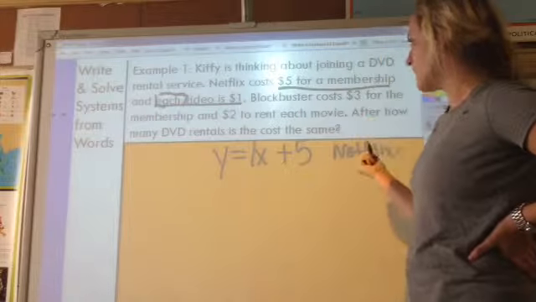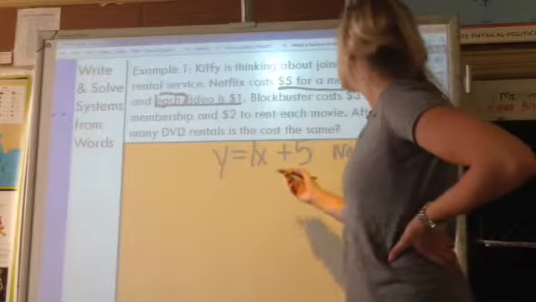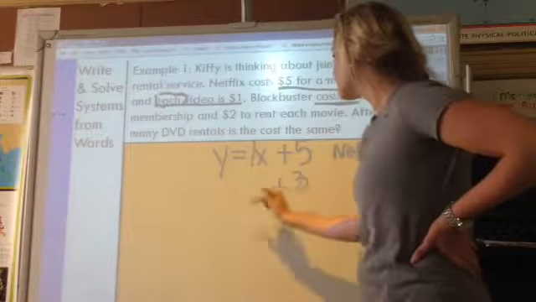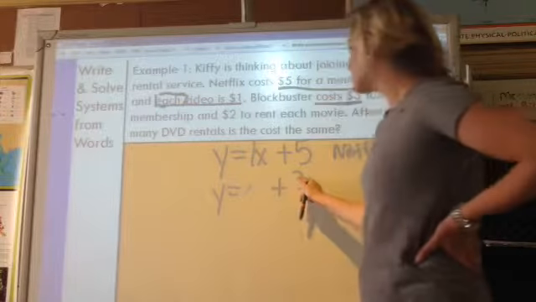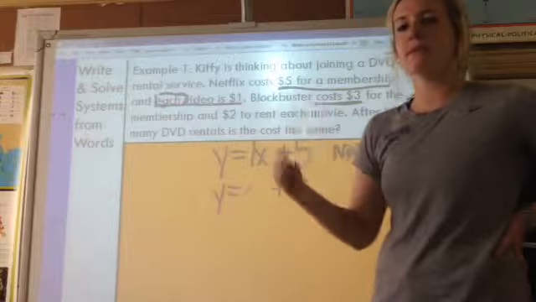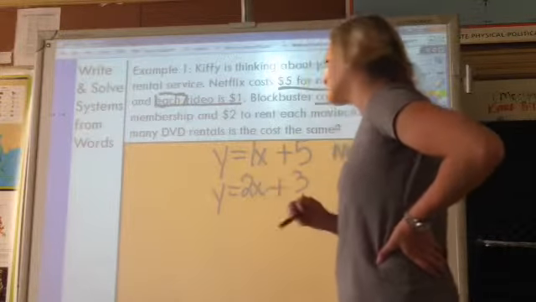The other one. Blockbuster costs $3 for the membership and $2 to rent each movie. If it costs $3 for the membership, that is never going to change. So that's going to be my y-intercept. And it's $2 to rent each movie. I don't know how many movies I'm going to rent, so that's going to be 2 followed by my variable, which is x.